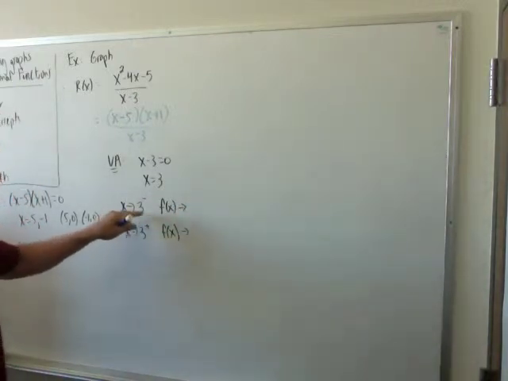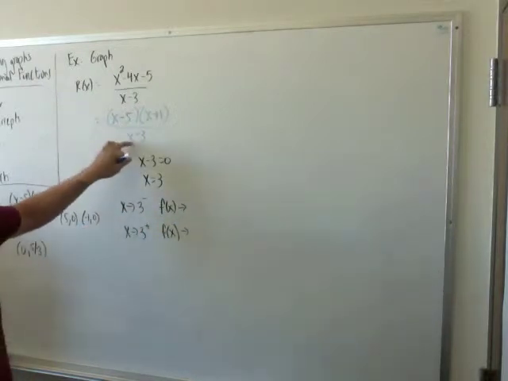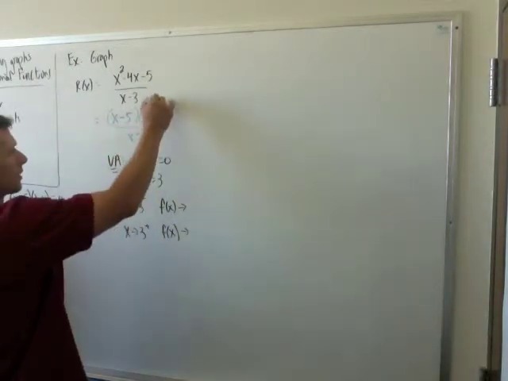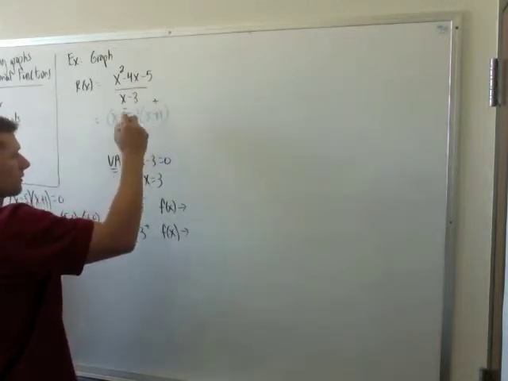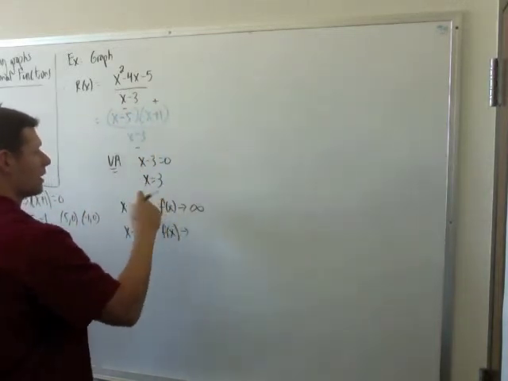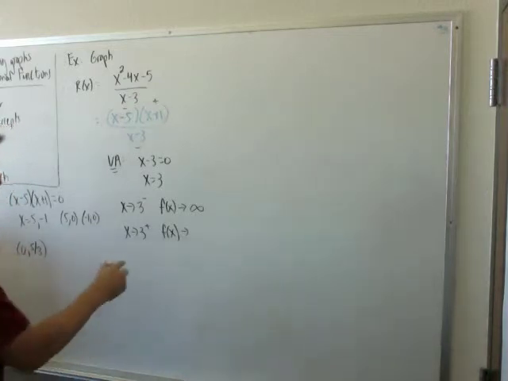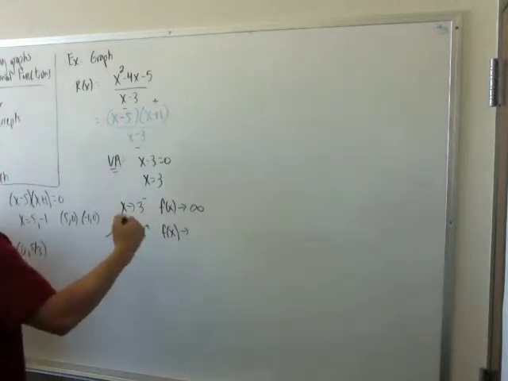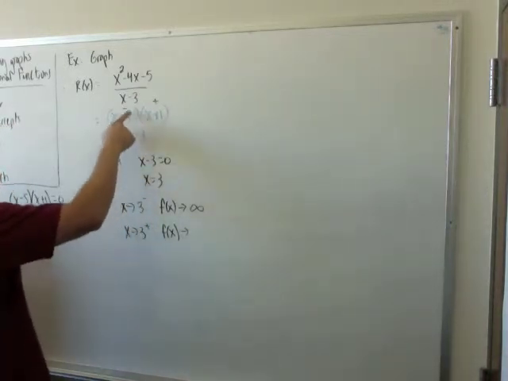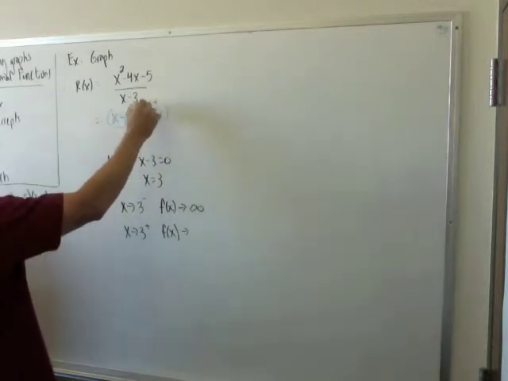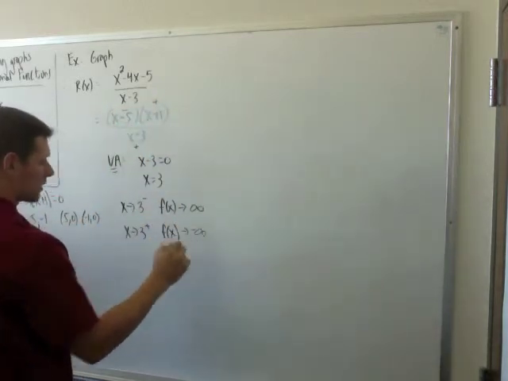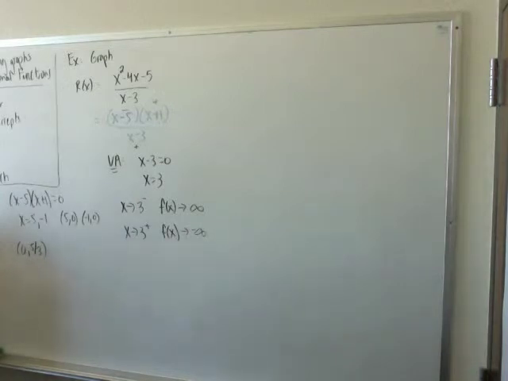As I approach 3 from the left, give me a number close to 3, but to the left of 3, 2.99. Minus 3 will be negative, plus 1 will be positive, minus 5 will be negative. This will be positive infinity. And then a number just to the right of 3, 3.01. Positive, positive, negative, so this will go to negative infinity. Okay? Vertical asymptotes are done.